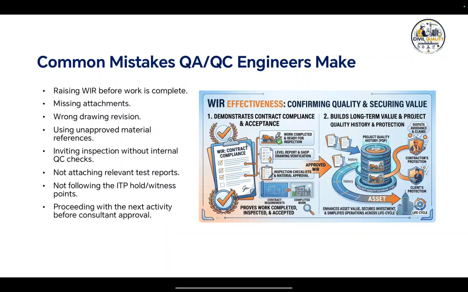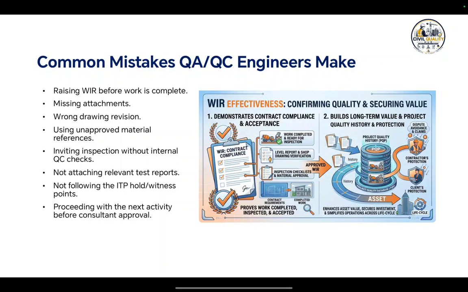Submitting a WIR with missing mandatory attachments: many times they forget to attach material approval, mock-up approval or sample approvals, which is very important. Using outdated drawing revisions: people forget that a new revision has come and mistakenly attach the old revision. That might also be a reason for rejection of a WIR.